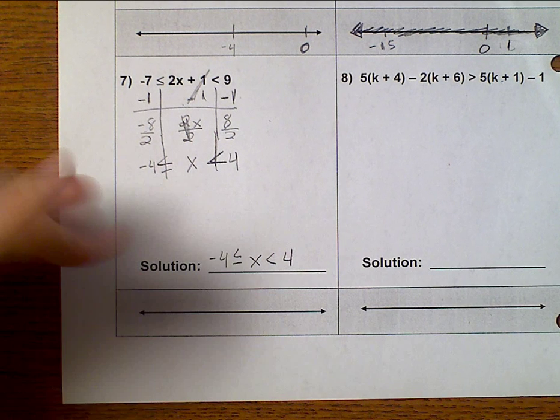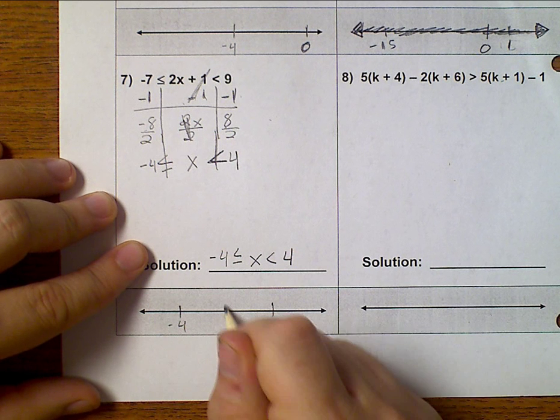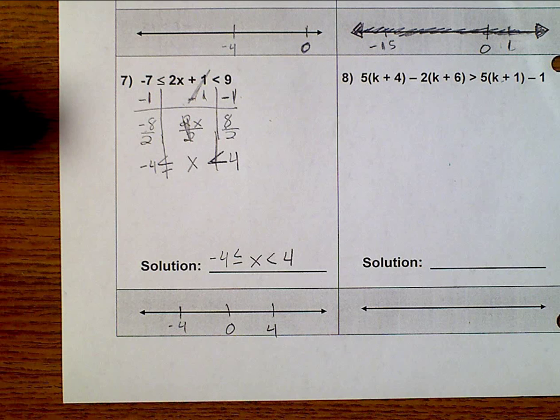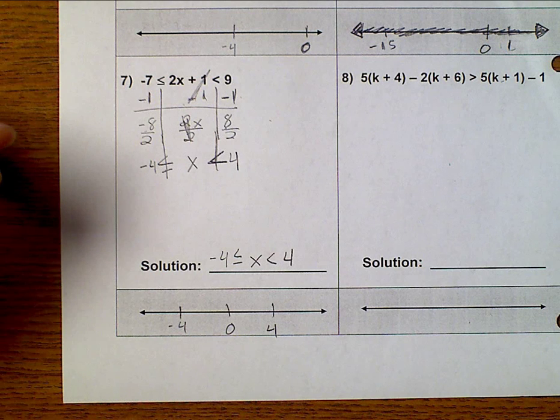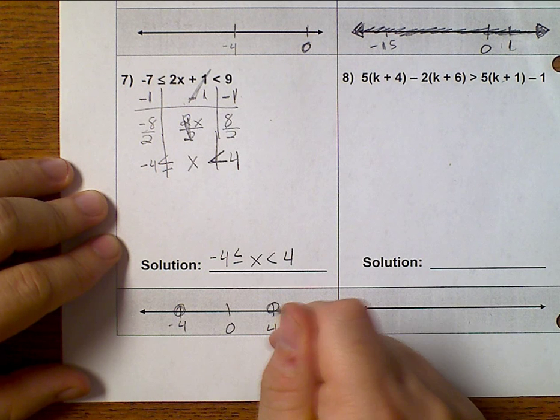And I'm going to go ahead and put those on. Negative 4, 4. I'm going to go ahead and add 0 because I know 0 is in between those. And x is going to fall in the middle.